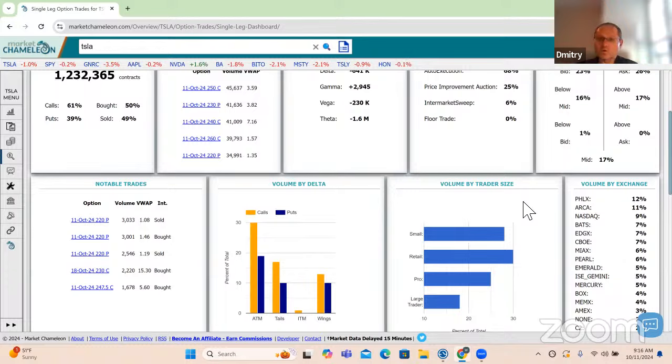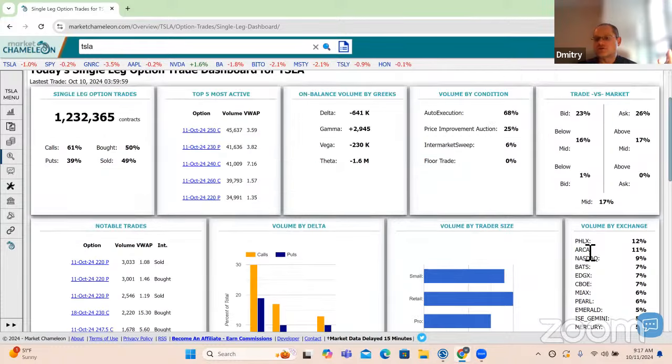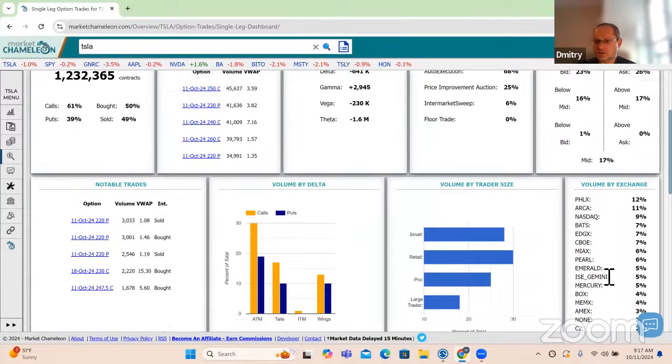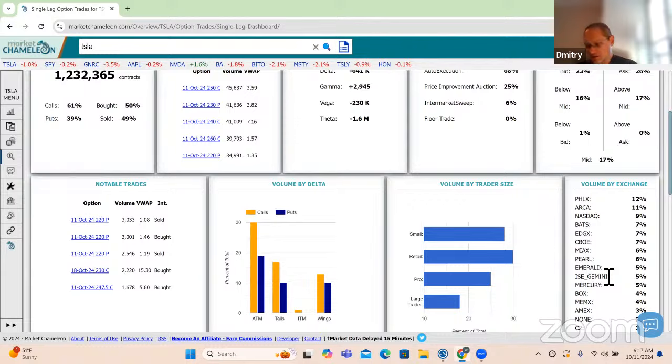So when we look at a quote, a bid and offer, that's made up of all these fragmented markets and different exchanges that trade these options, made up of market makers, lead market makers, specialists, limit order books, and so forth. It's all consolidated, and we get this national best bid and offer. Okay.